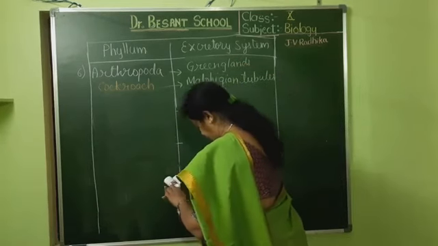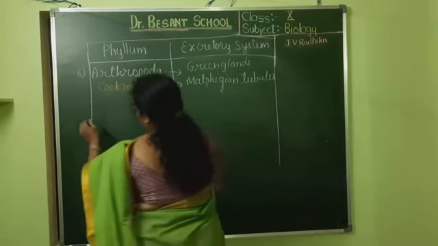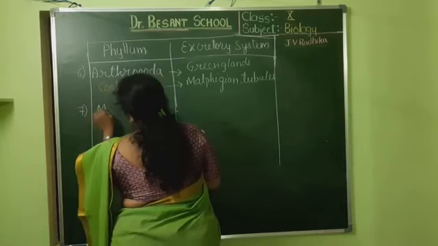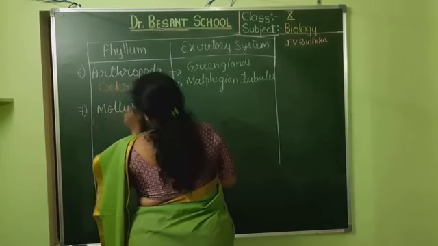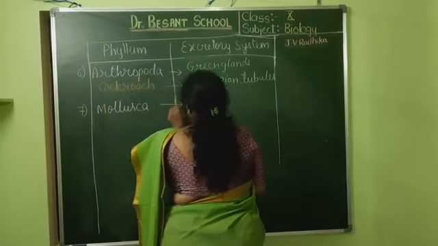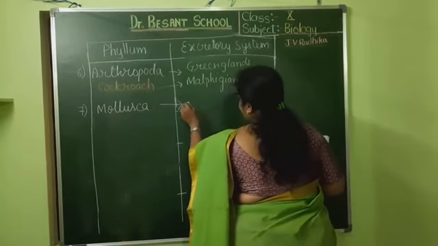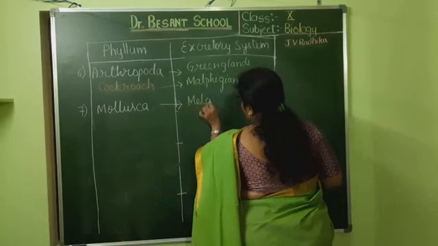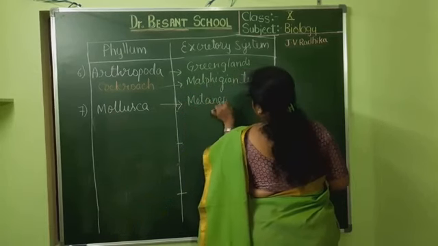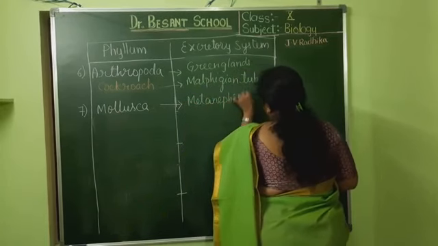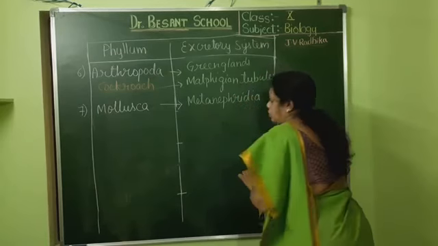Okay, the next one is Mollusca. The seventh one is Mollusca. They have structures called metanephridia.